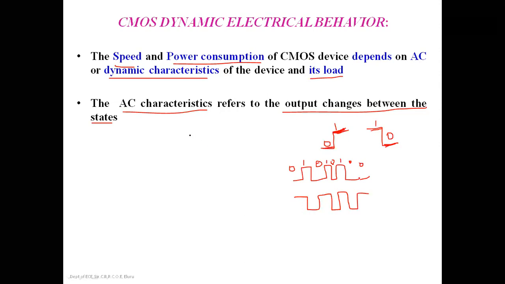So now how can you visualize the dynamic signals here? The static signals you can visualize in this way, that is a fixed state. But how can we visualize the dynamic signal? The dynamic signals are like this. Either it is a transition of 0 to 1, or 1 to 0.